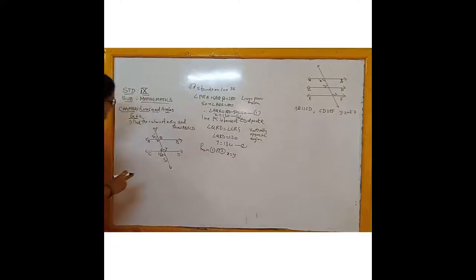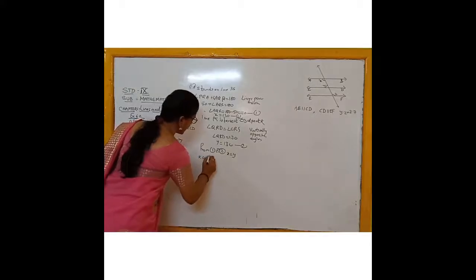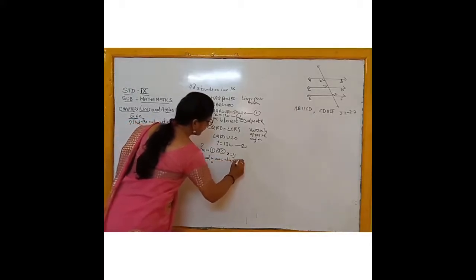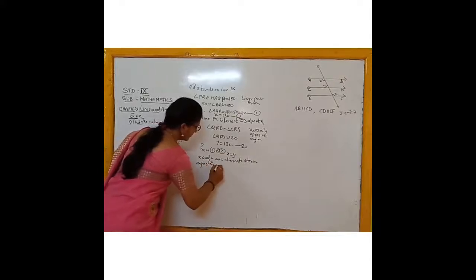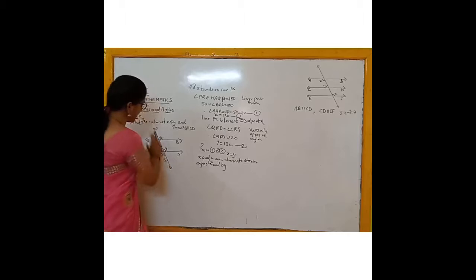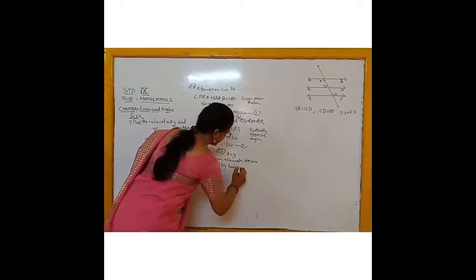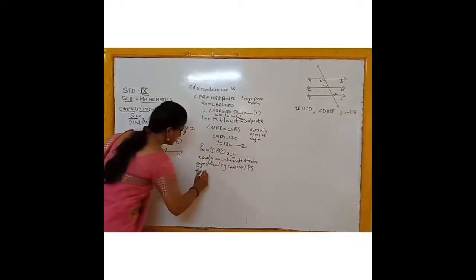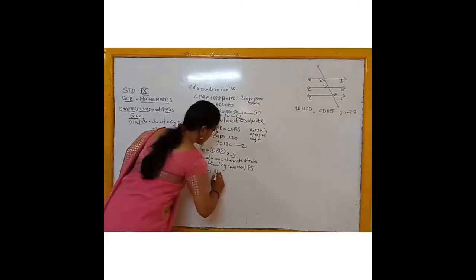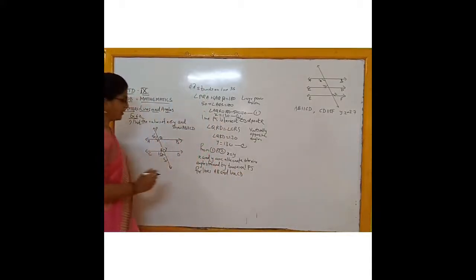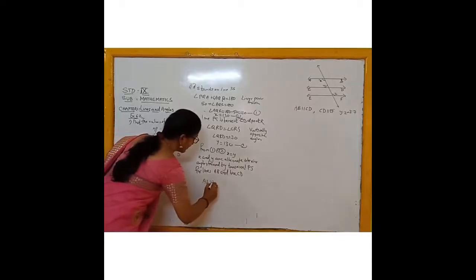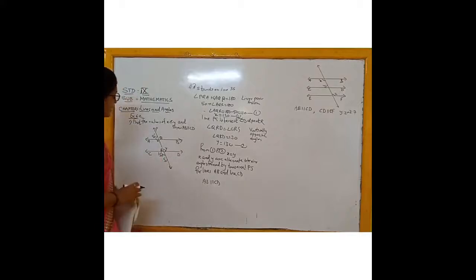If x is equal to y, what can you see? x and y are the alternate interior angles, formed by transversal PS for lines AB and line CD, and x and y are equal. Therefore, the lines are parallel.